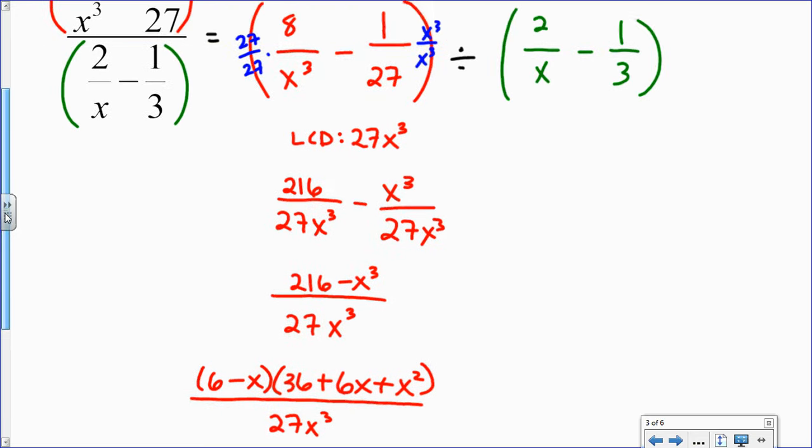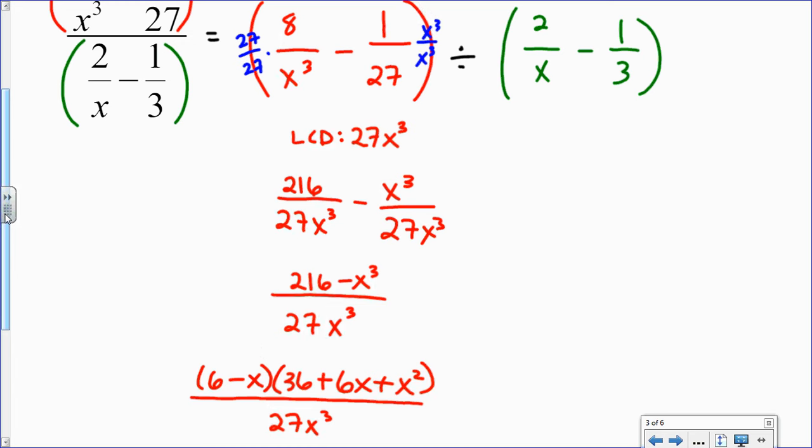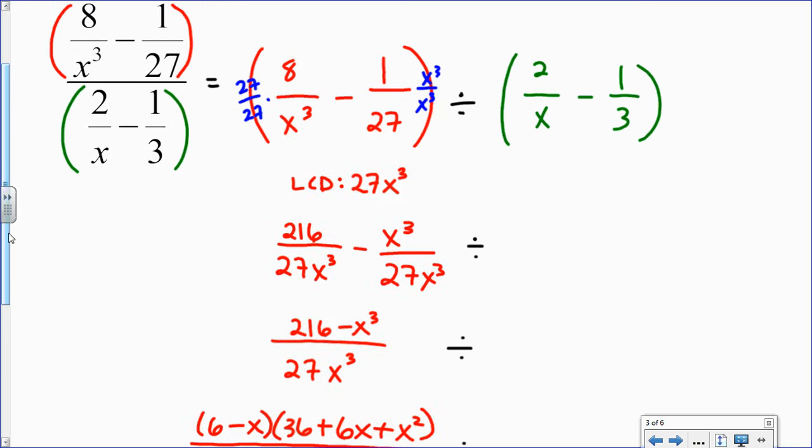Alright, so I simplified the left side here. So now let me look at what I have for the denominator now. The denominator of the original. I want to go back and simplify that one.